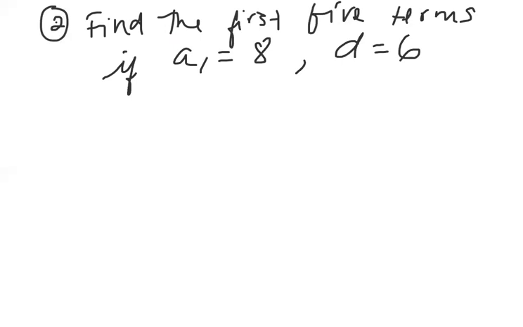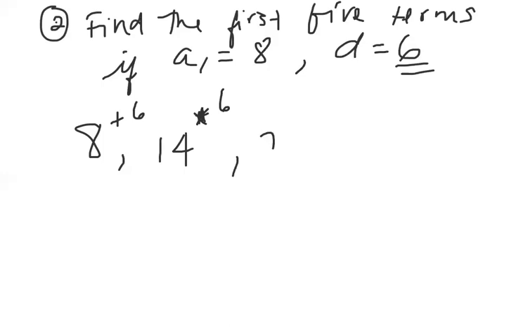They give you the first term. You must include the first term, guys. So that's the first number in the sequence. To get the next number, you add your common difference over and over again. Add 6 to 8, and that gives you 14. To get the third term, add 6 to 14, which gives you 20.